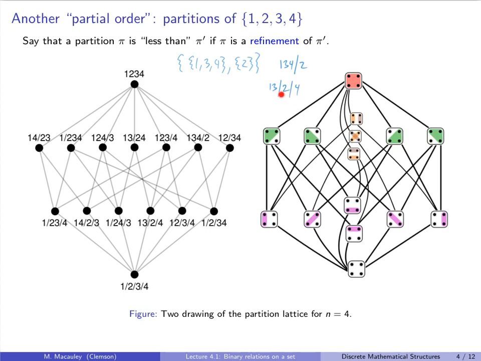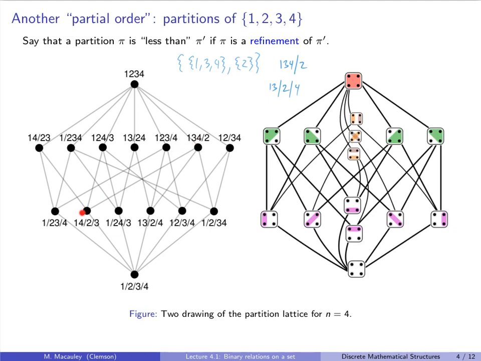So this first one, where we chop it up further, is going to be less than this one. With the Hasse diagram, we have all possible partitions of 1, 2, 3, 4. In here, this is the one that has a single subset, and this is the one that has 4 singleton subsets. So for example, for 134|2, there are 3 different refinements of this.